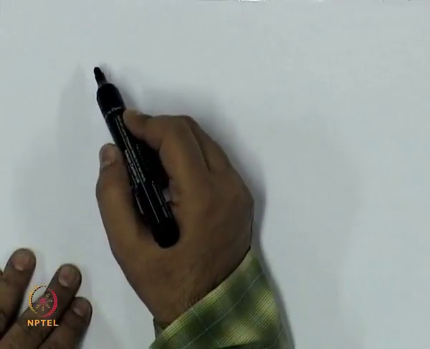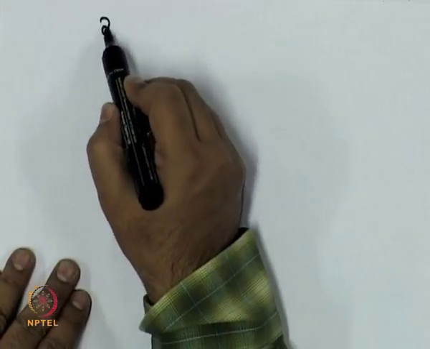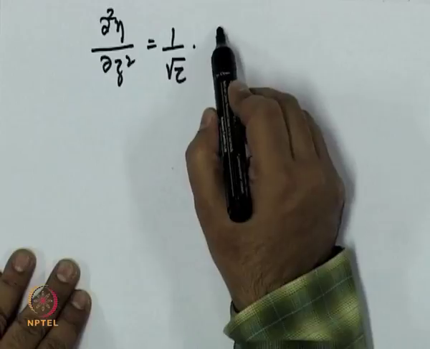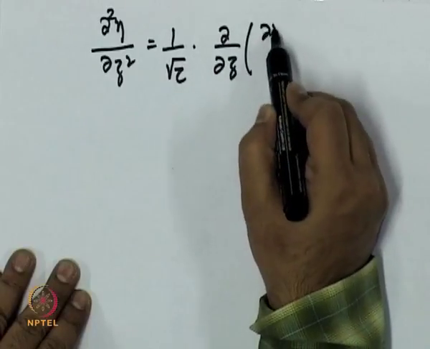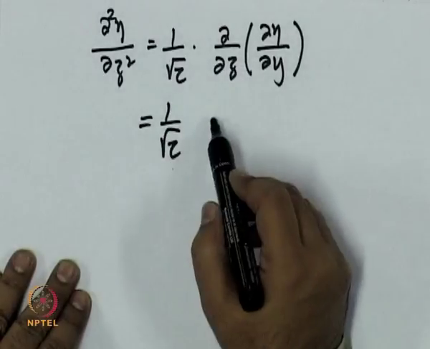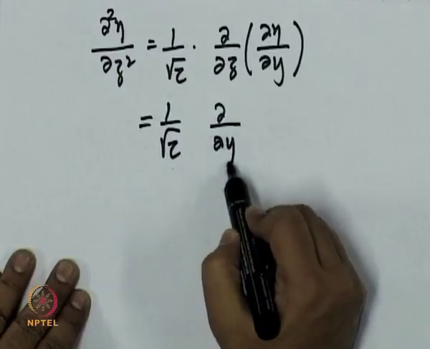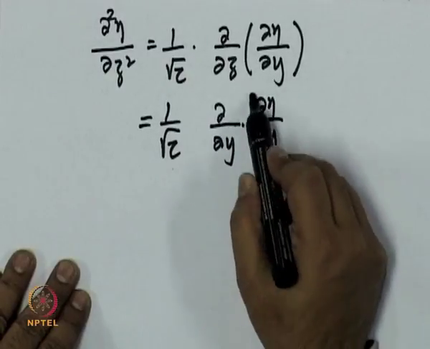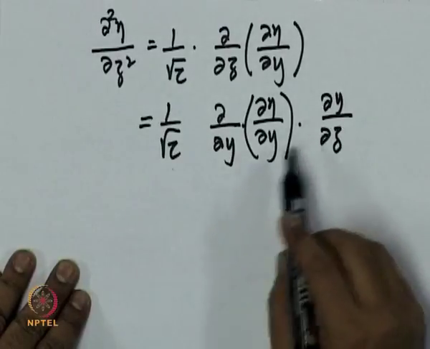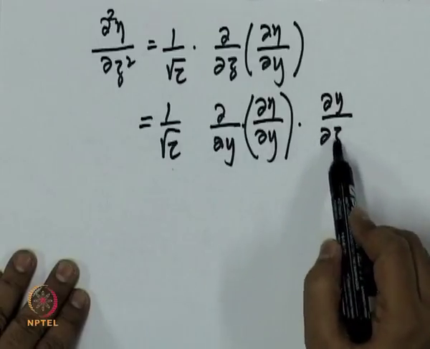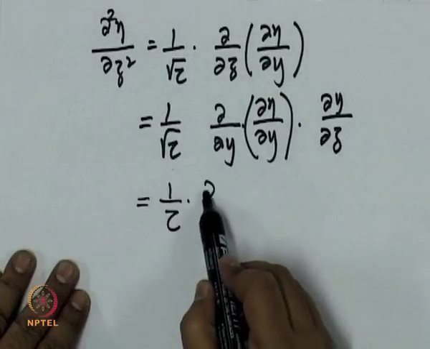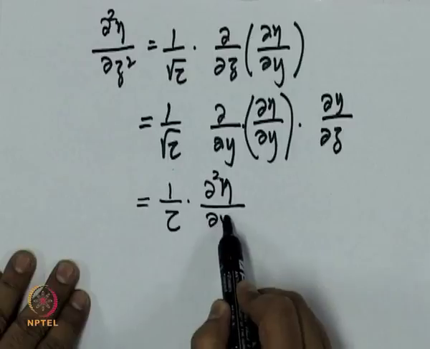So, I have ∂²η/∂z² equal to 1 by root τ ∂/∂z of ∂η/∂y. Using the same trick, ∂/∂z is going to become ∂/∂y acting on ∂η/∂y multiplied by ∂y/∂z. ∂y/∂z again we know is 1 by root τ, and that is going to come here, and so it is going to become 1 by τ times ∂²η/∂y².